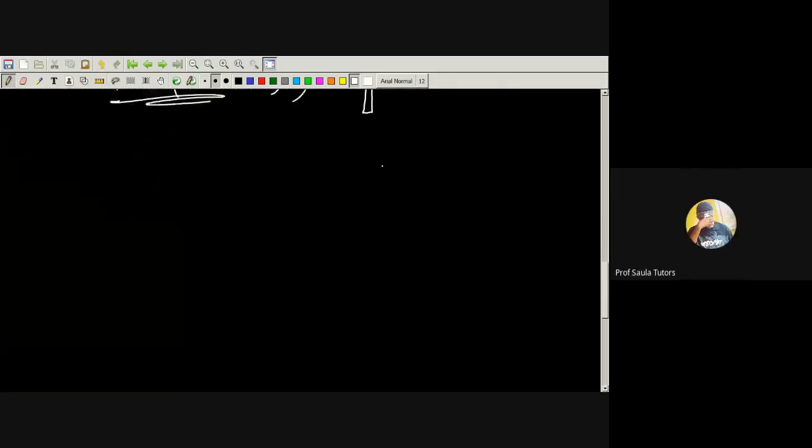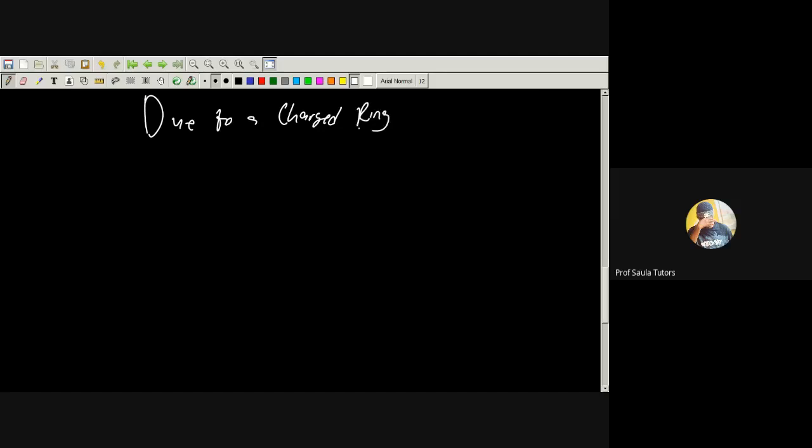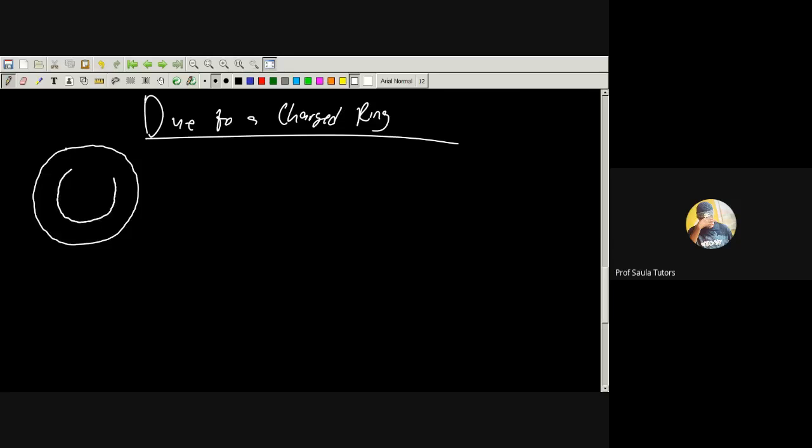Next one, let's look at the electric field due to a charged ring. I will not prove that one too. So let me show you the chart. Assuming I have this kind of rod, and I bend it to turn it to a ring. Okay.